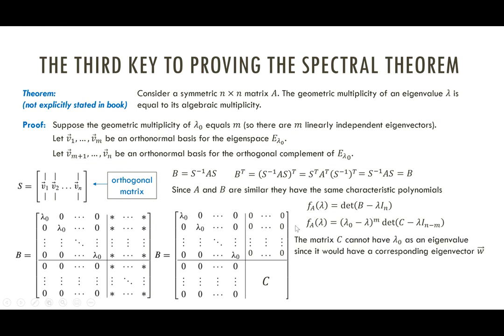And now the key is to see the matrix C can't have lambda_0 as an eigenvalue.